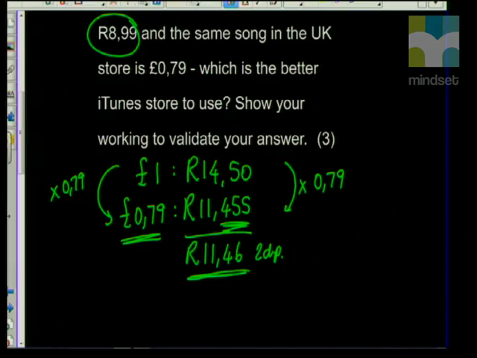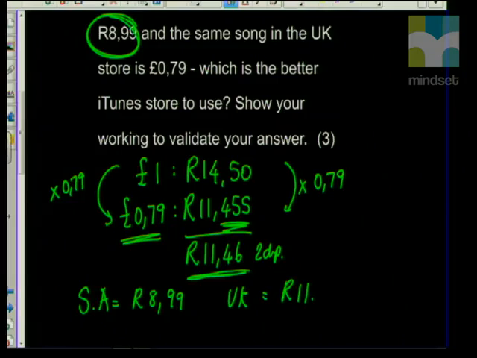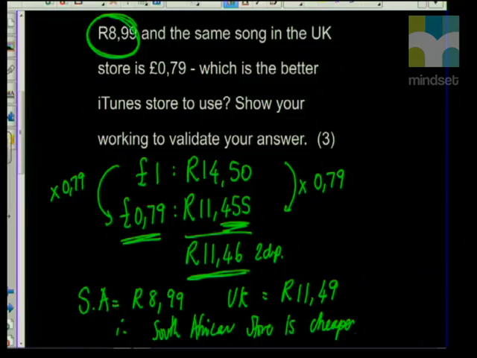You can then see that obviously the South African store is a lot cheaper because South Africa is R8.99, whereas the UK is equal to 11 Rand 46 once I've converted it to rands. Therefore, the South African store is cheaper. And that's the end of that question.